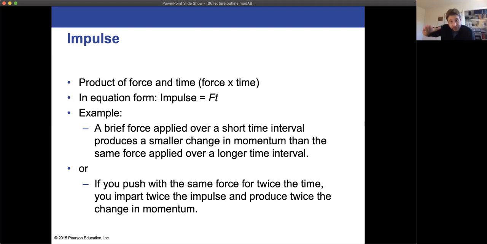But if we keep our foot slammed on the gas for 2 seconds, we will end up going faster by the end because we've got the same force from the engine applied for longer. So our motion, our momentum, will change more the longer the force is applied.